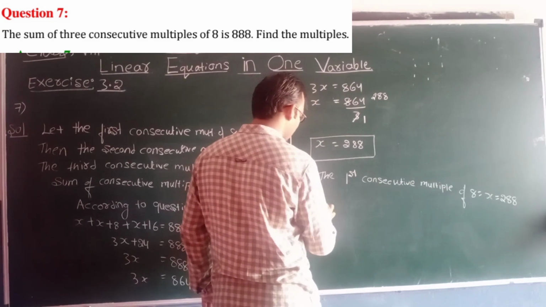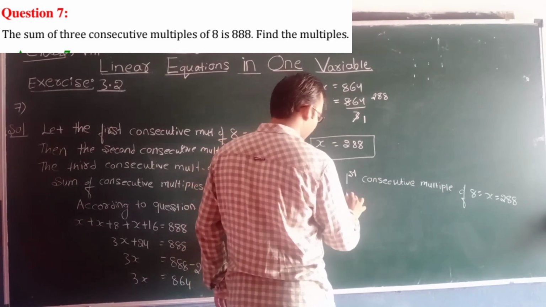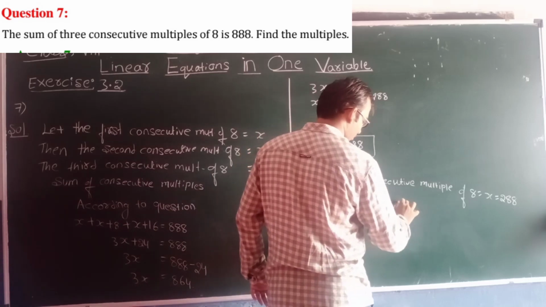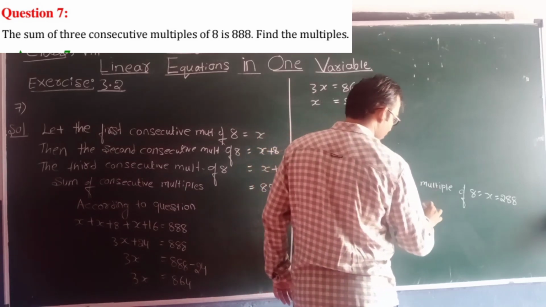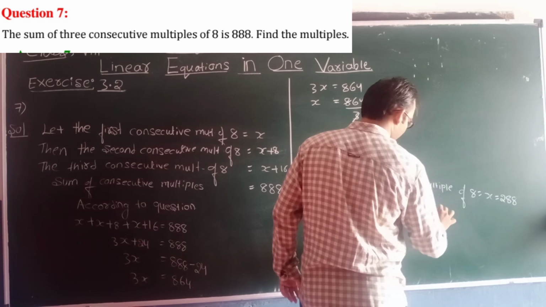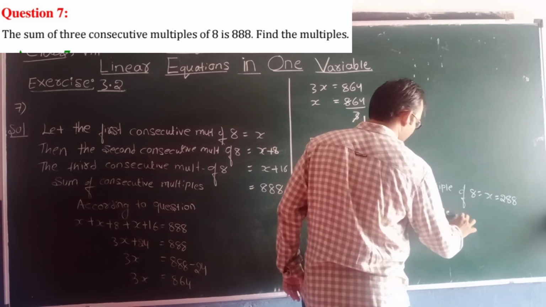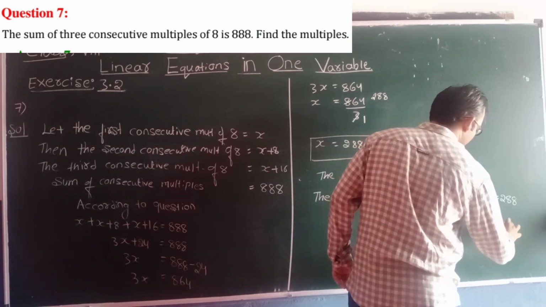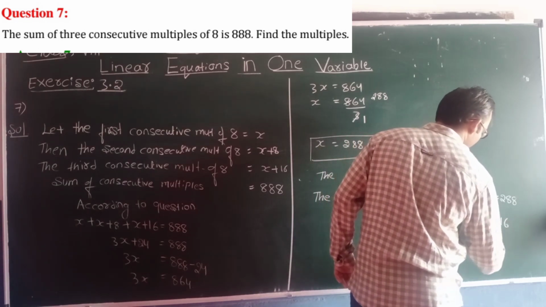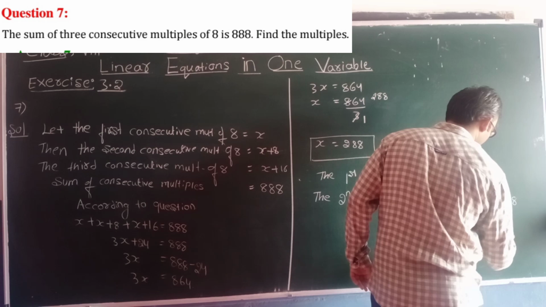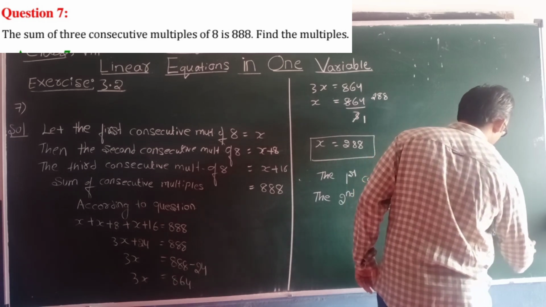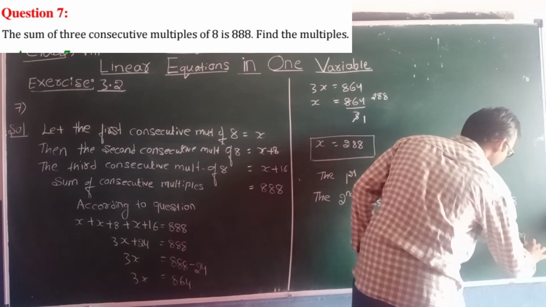Next, the second consecutive multiple of 8 is equal to x plus 8, that is 288 plus 8 equals 296.